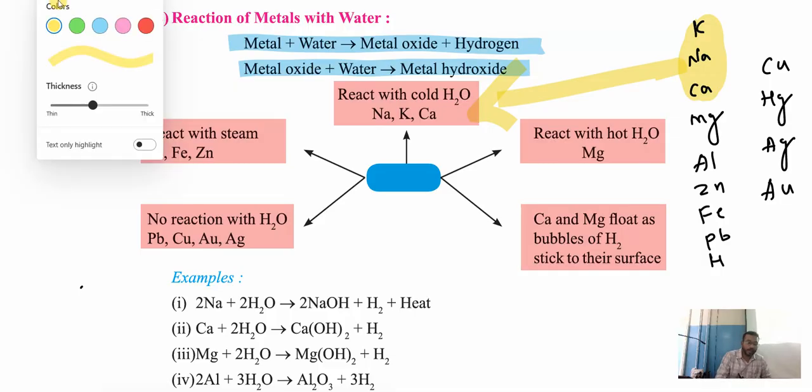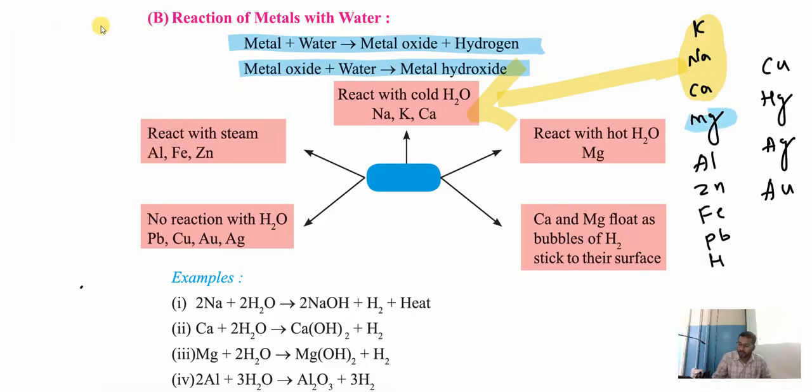Next, coming back to the next topic, that is magnesium. Now magnesium reacts with hot water. First is cold water. The first three react with cold water, and the fourth one, that is magnesium, reacts with hot water.